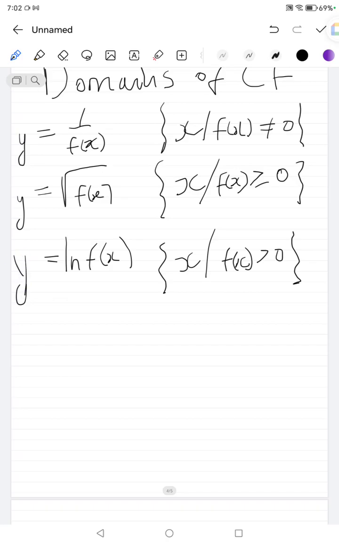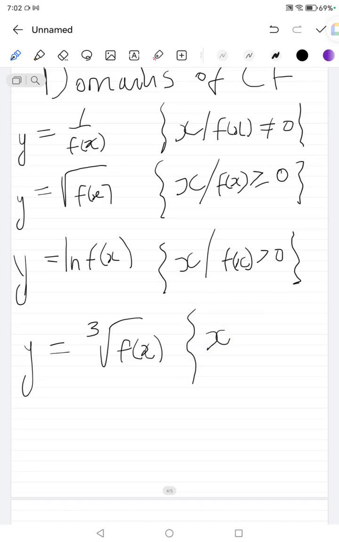If I have something like y is equal to the cube root of f of x, for this one you can just say x is an element of all real numbers. You don't have any restriction for this one.